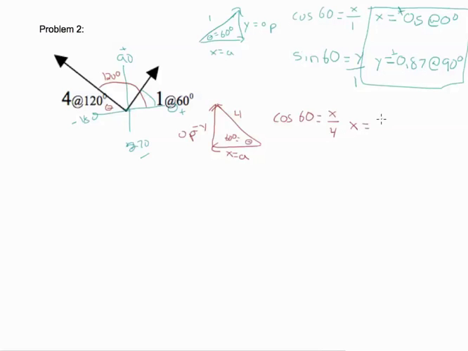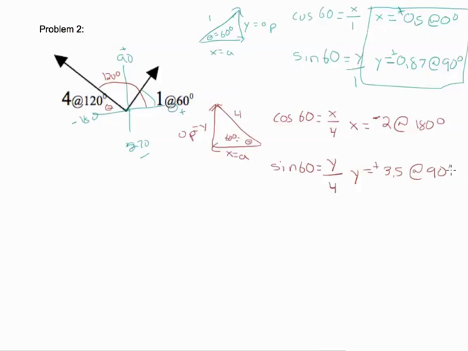And to solve for our y, we do the sine of theta equals opposite over hypotenuse, and you get 3.5. And it's positive 3.5 at 90. And again, all of this is a review other than the positive and negative signs we're using to help show direction.